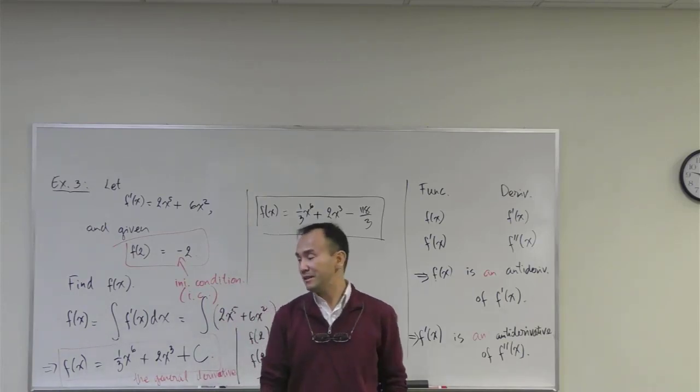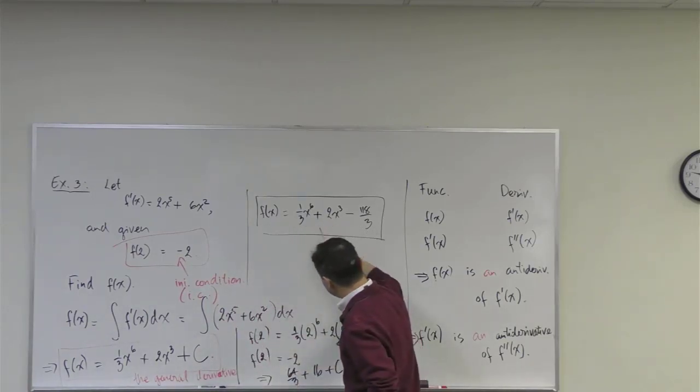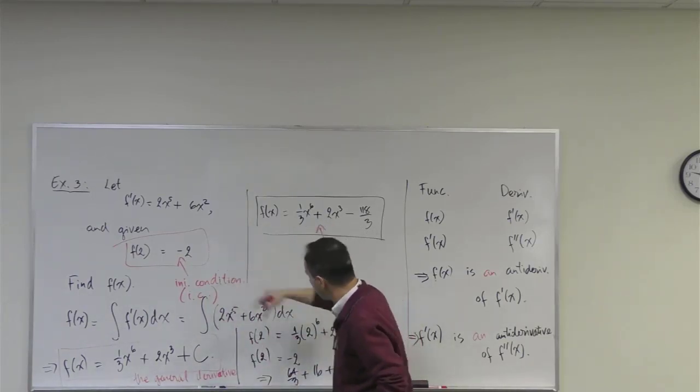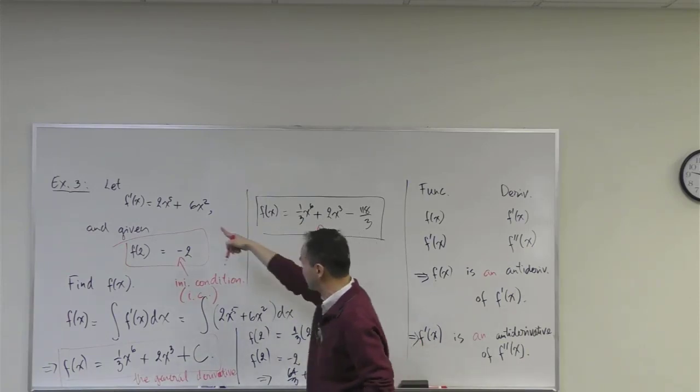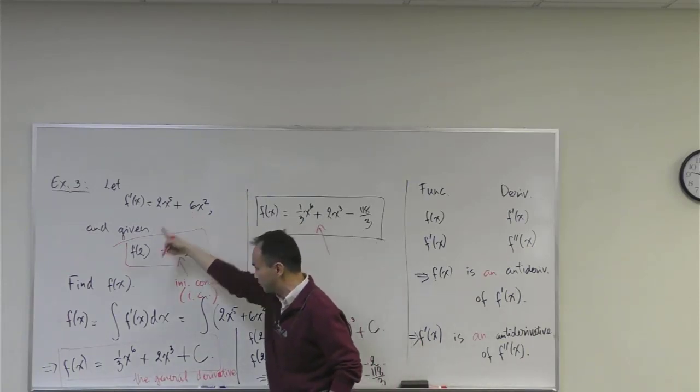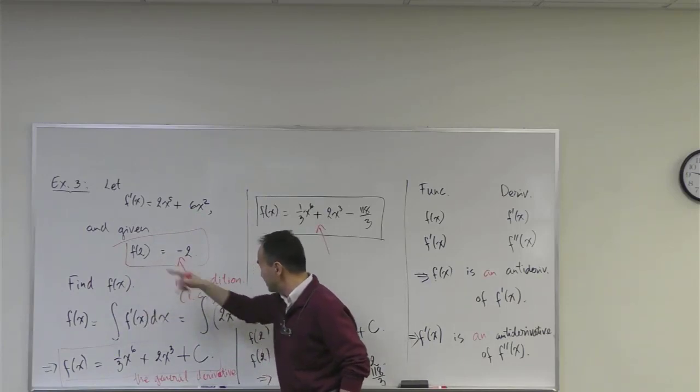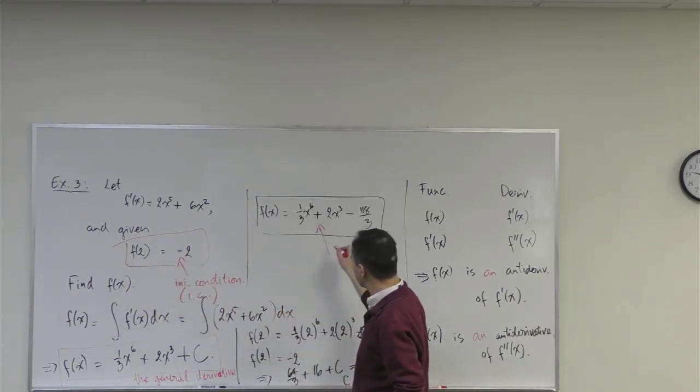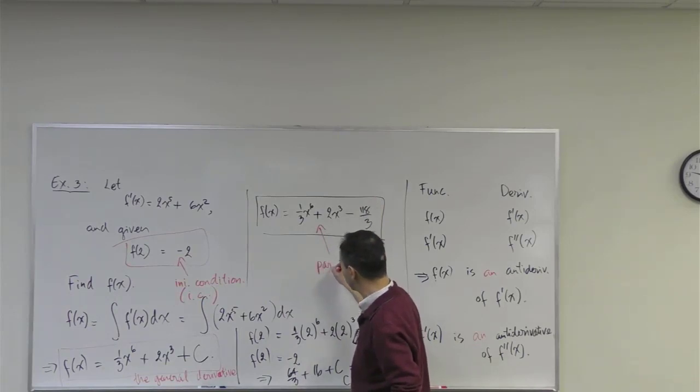Yeah. Okay? And so this one particularly solves that initial condition, right? It solves by going from derivative to the function and then meeting the initial condition. So this function, particularly with the c that we found, is called a particular solution.